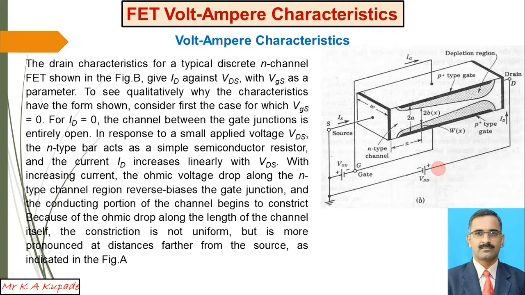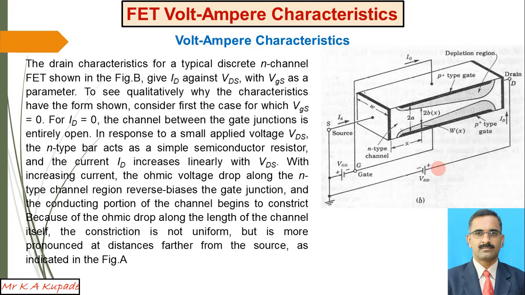The characteristics defined here are the ID current with respect to VDS, with VGS as a parameter. That means depending on the VGS voltage, ID and VDS give the curve relation. We are going to see that here.